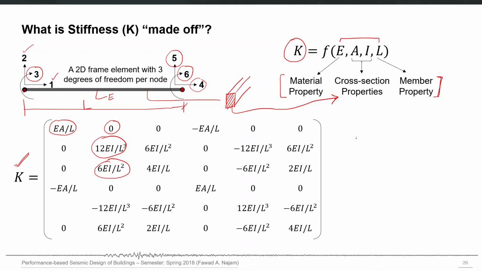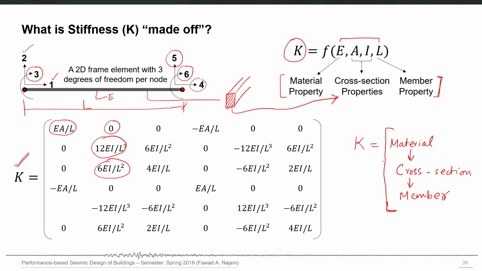So we can say now that the K matrix of a beam element is a function of material property, then cross-sectional property, and then the member property. This K is a function of the properties from these three things: material, cross section and member. Now I will use this hierarchy of material, cross section and member to explain some of the important concepts of structural modeling in this lecture.